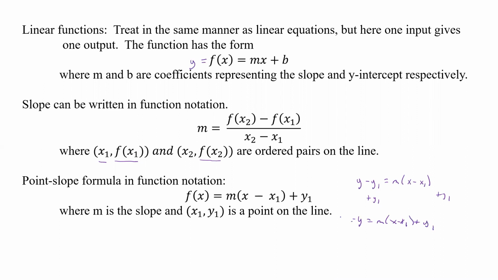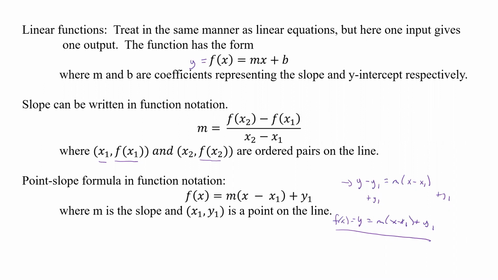And what is y? Well, that's f of x. And so that's how we get this, which is just m times x minus x1 plus y1. So that's how we get it from the original point slope formula that we're used to. So it's still the same thing. We can go back and use this if we need to, but this is another way to look at it.